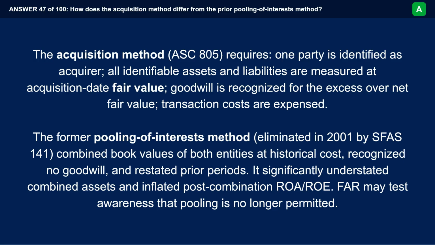The former pooling of interests method, eliminated in 2001 by SFAS 141, combined book values of both entities at historical cost, recognized no goodwill, and restated prior periods. It significantly understated combined assets and inflated post-combination ROI/ROE. FAR may test awareness that pooling is no longer permitted.